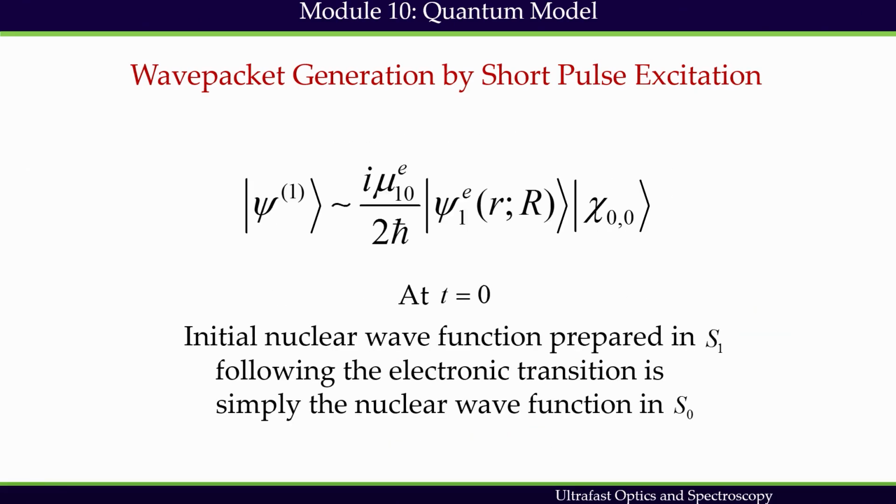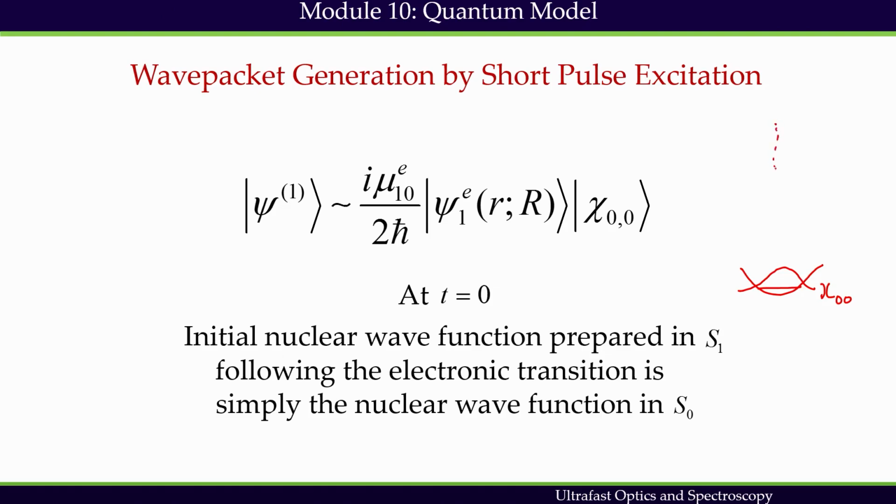So what does it suggest? Let's say at t equals 0 only, I have the ground state, which is the ground electronic state, and this vibrational state is represented by this chi 0 0. We know that the wave function of this state, if it is a simple harmonic oscillator, is going to be a Gaussian wave function.